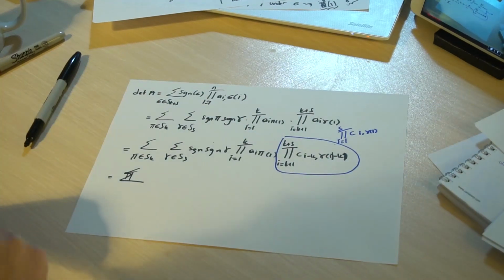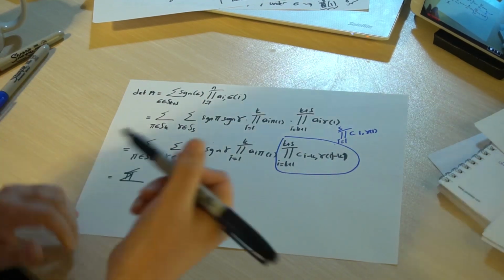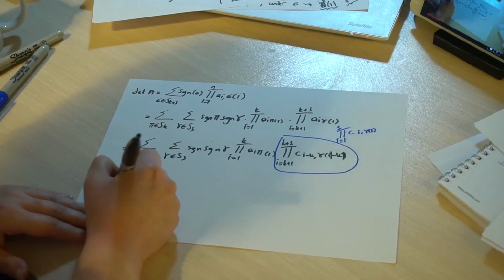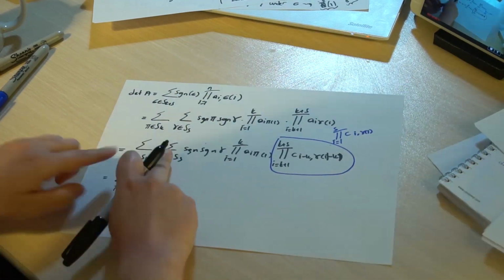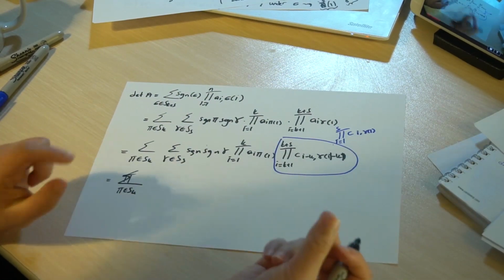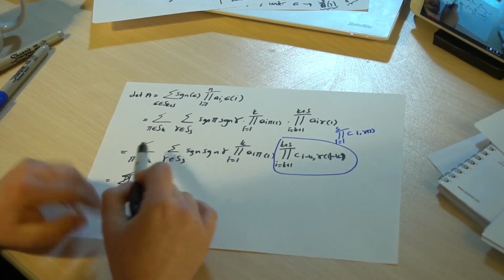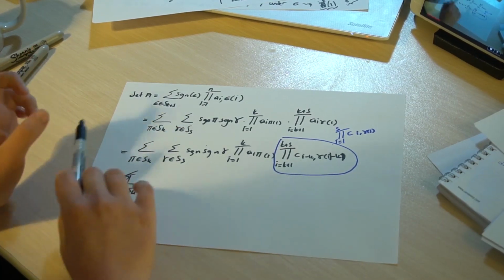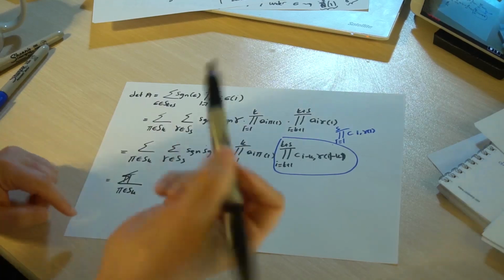So we will have the sum over pi from S_K, and we can separate these sums because they are independent of each other.